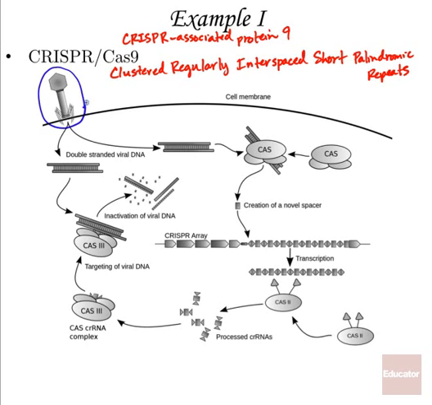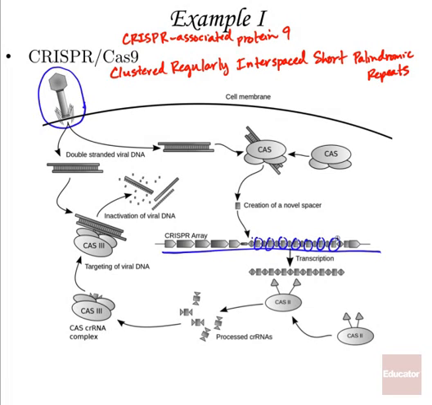So this CRISPR, clustered regularly interspaced short palindromic repeats, what it does is you have repetitions of base sequences followed by spacer DNA, such as this. These are spacer DNAs.